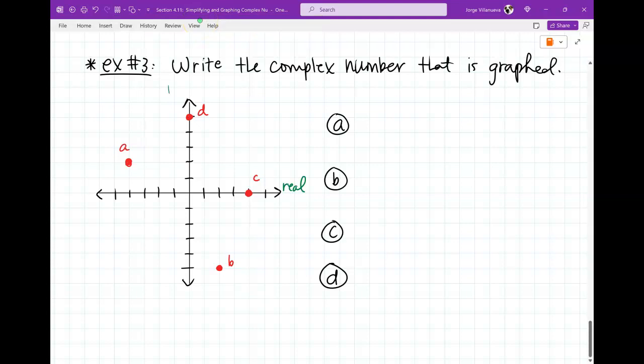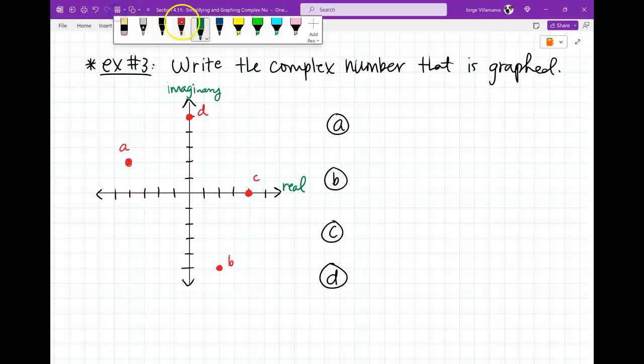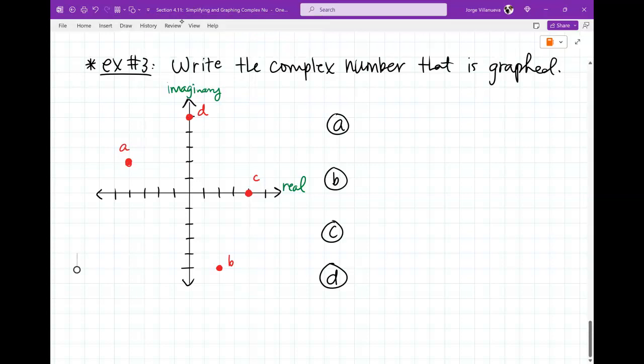I'm going to write real and imaginary here just to get you used to seeing it, because you might see it on tests. Again, you can call it X, Y, it's fine. Nothing wrong with that. But they just like to label it the real and the imaginary when you deal with imaginary numbers.